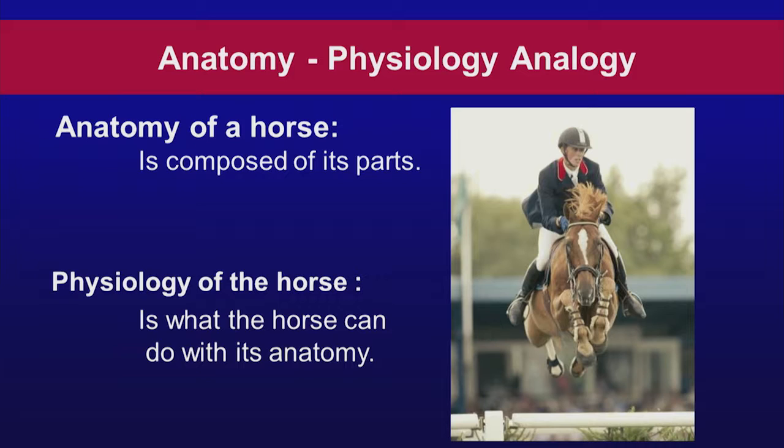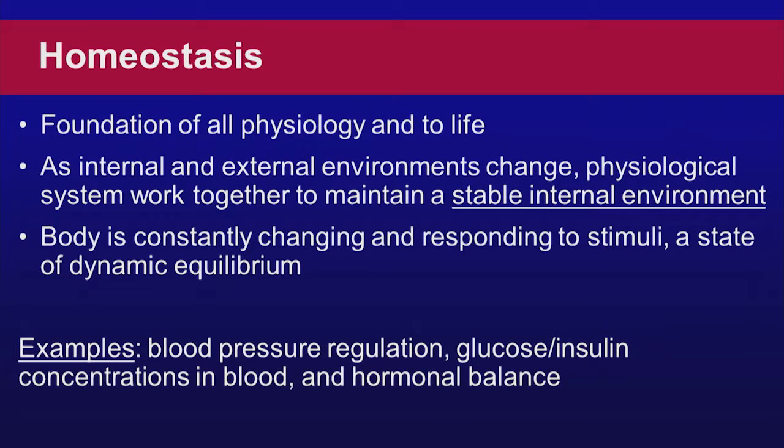Have you ever seen a flying horse before? This horse is jumping over a fence. One important part of physiology, in fact fundamental to physiology and to life itself, is homeostasis. Homeostasis responds to different stimuli.